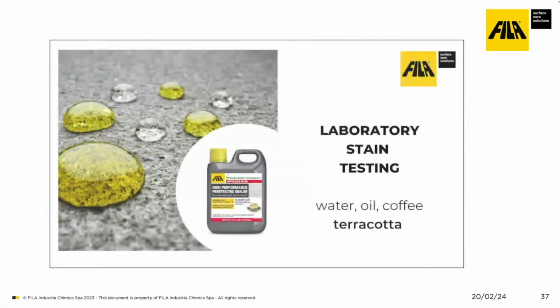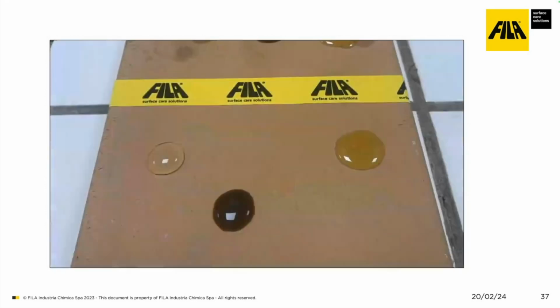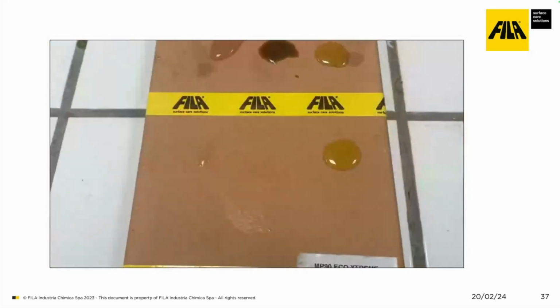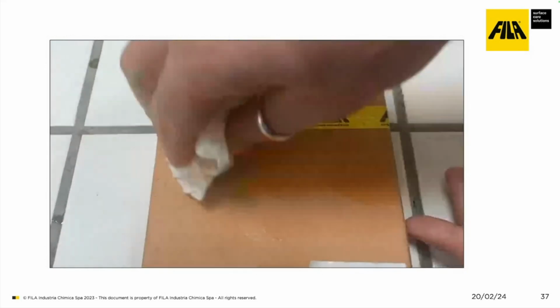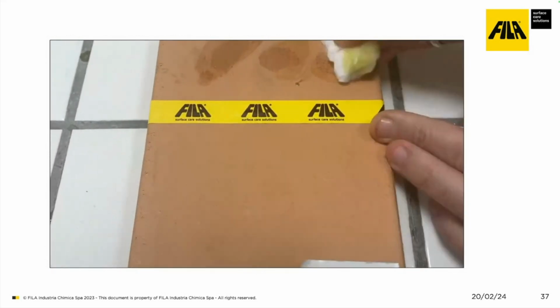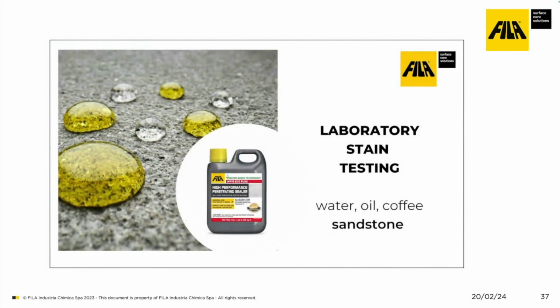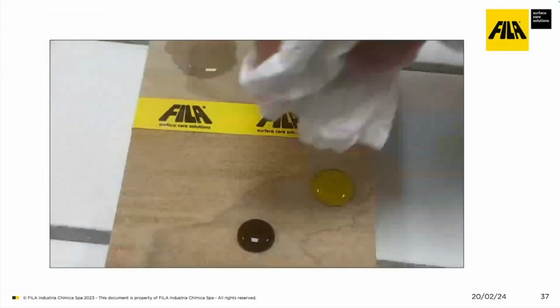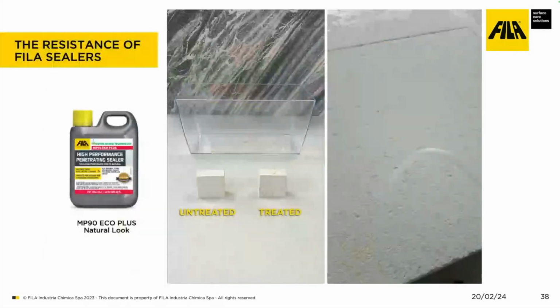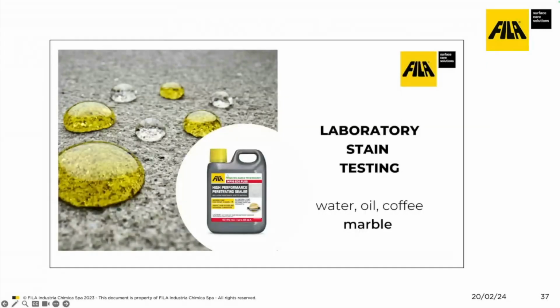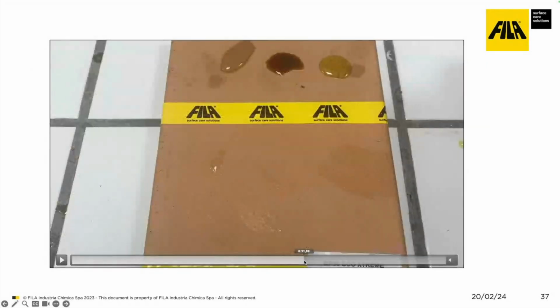On all those materials, the MP90 Eco Plus is performing really, really well. The surface does not get stained, so you can remove the stains really easily. This is really powerful, not only for an internal table or kitchen top, but even for floors inside a building or a commercial area.